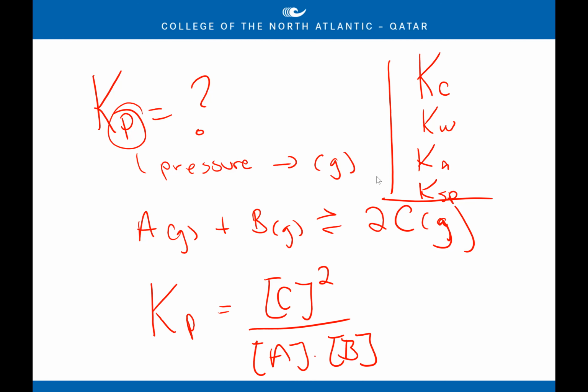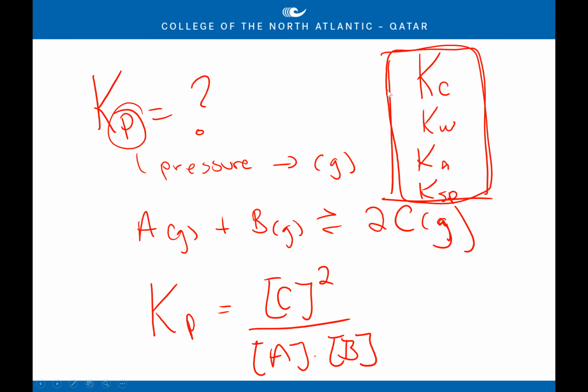As Abdul Rahman said, it's only for gases. And as Aman just asked, no, that's not going to be on your test tomorrow because we didn't do it in class. It was hinted at in your notes, but we did no examples and no practice problems. So you just need to know the Ks in this corner here: KC, KW, KA, and KSP.